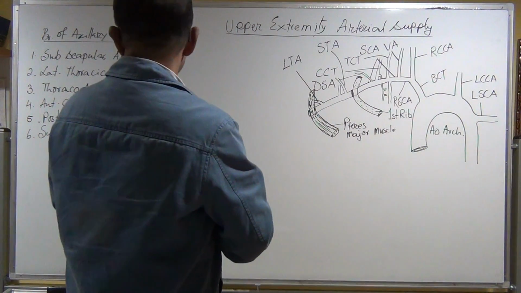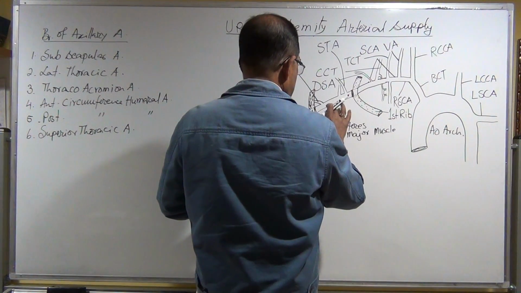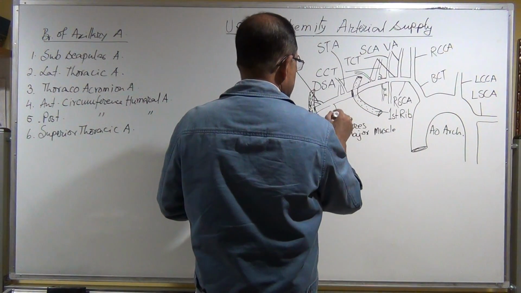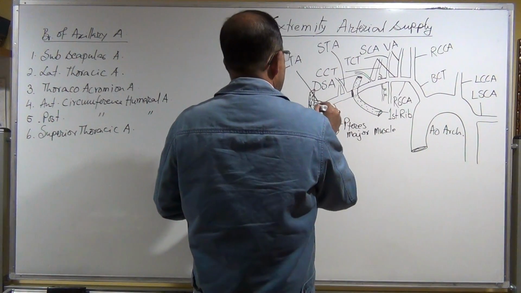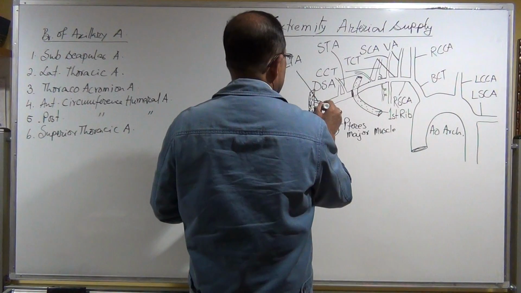Then the anterior circumflex humeral goes like this, and there is a posterior circumflex humeral that goes behind, it comes like this.